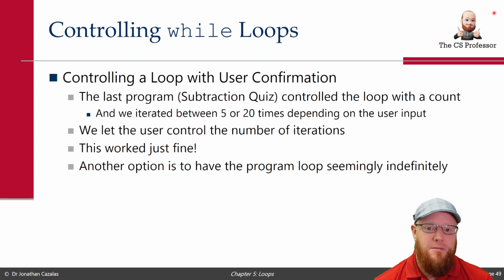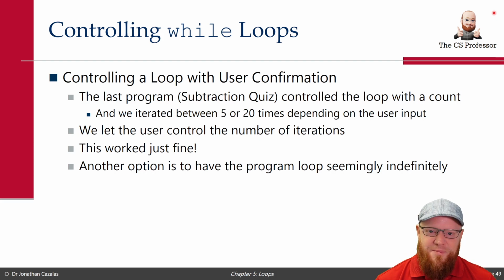Instead of asking them to enter how many questions they would like to answer at the outset, we could have just simply asked them a question, scanned their answer, told them if it's correct or incorrect, and then asked them, would you like another question? Yes or no?